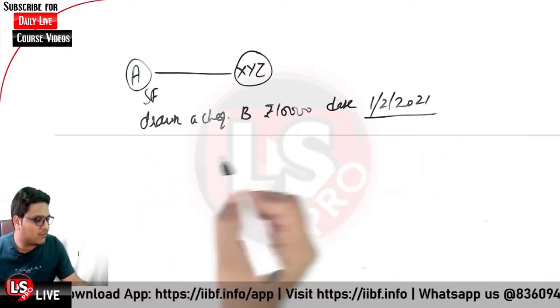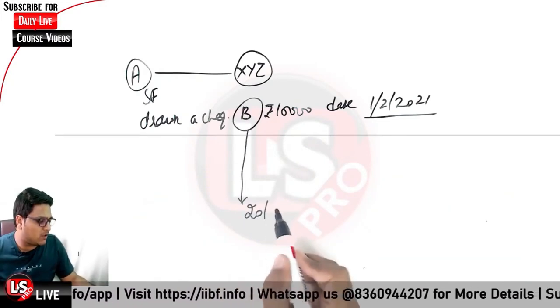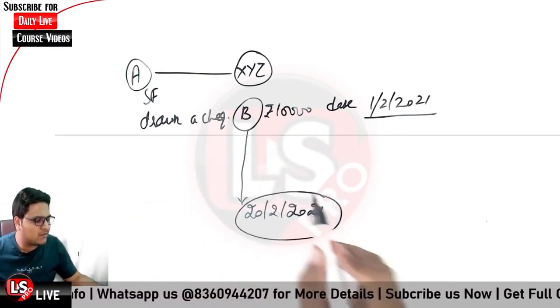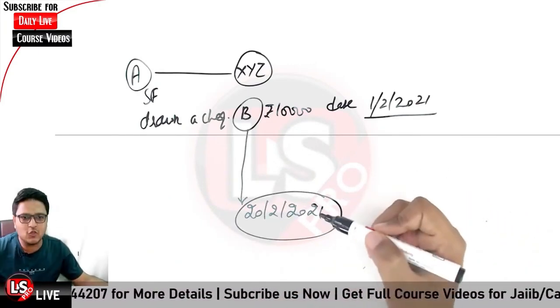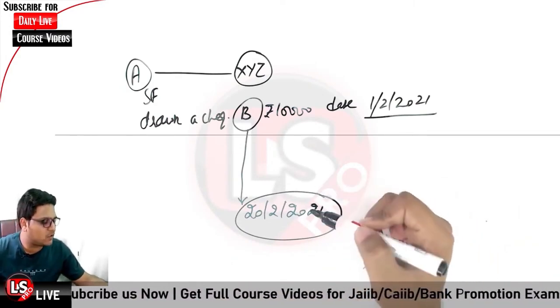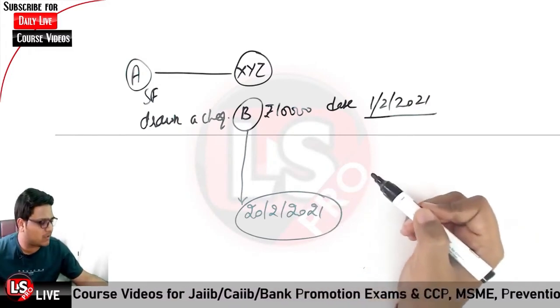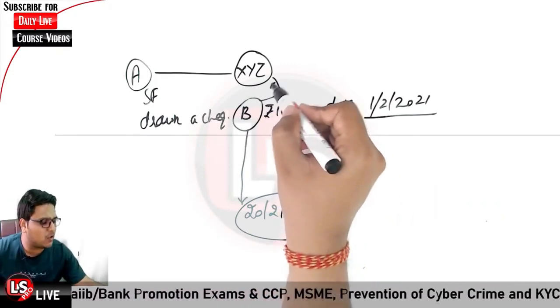And the check was presented by person B dated 20th of February 2021. I'm not considering this as a holiday because I have not checked the calendar yet, so let us assume 20th of February is not a holiday. It was presented with the same bank; let us say B was also maintaining an account with bank XYZ.